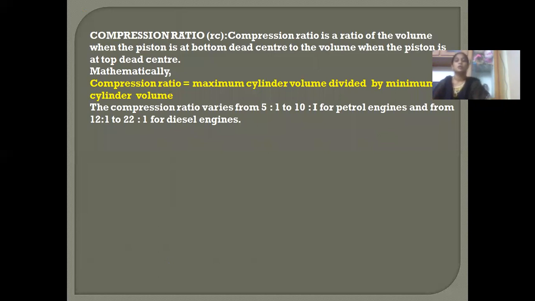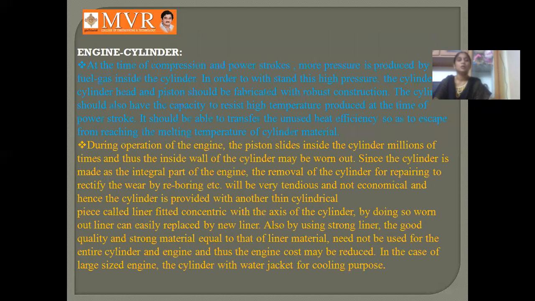Maximum cylinder volume is the swept volume plus clearance volume, and minimum cylinder volume is the clearance volume. The compression ratio varies from 5:1 to 10:1 for a petrol engine and 12:1 to 20:1 for a diesel engine.